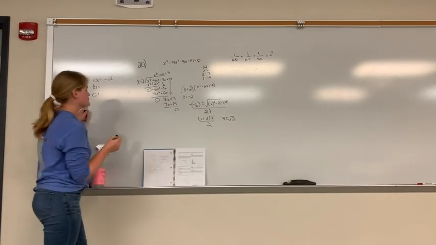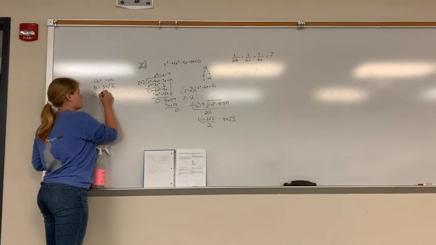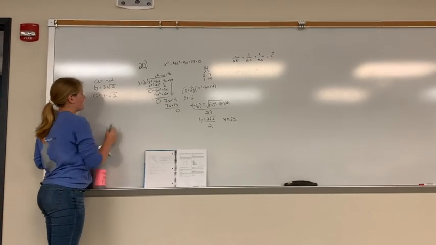So those are our other two solutions, B and C: 3 plus the square root of 2, and 3 minus the square root of 2.